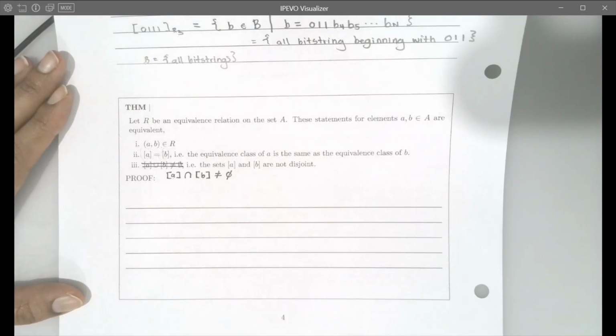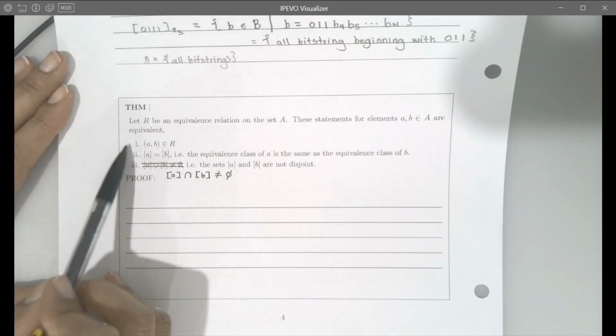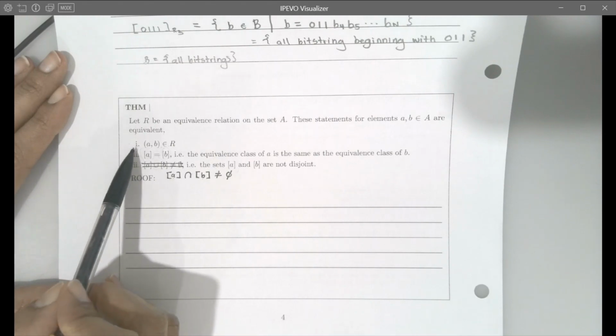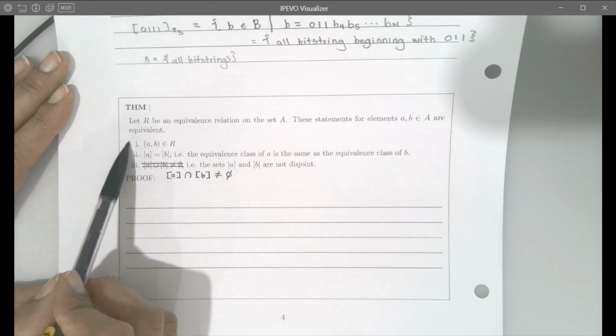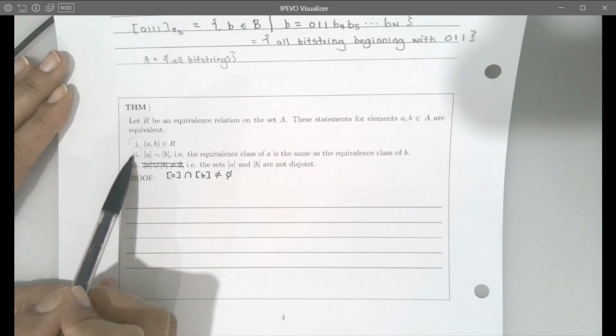And so we are going to prove this theorem. In order to prove statements of this type, where we have to prove that these three are equivalent, we start by assuming that the first statement is true and that the second statement is going to follow from the truth of statement 1.